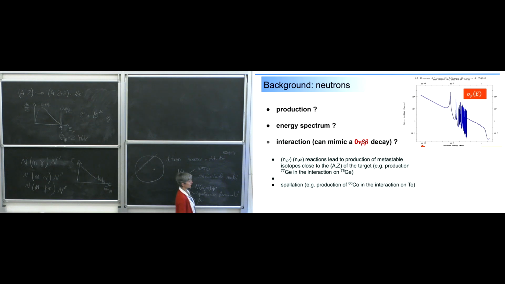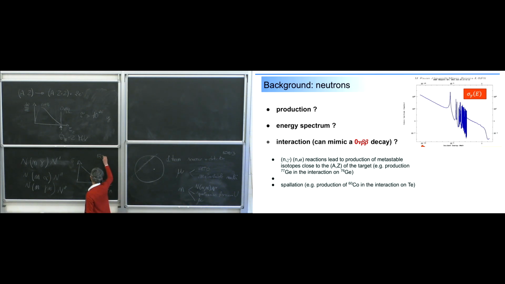And as an example of spallation production, this is an interaction that takes place with fast neutrons, so high energy fast neutrons. One example is the spallation production of tellurium with the production of cobalt-60.